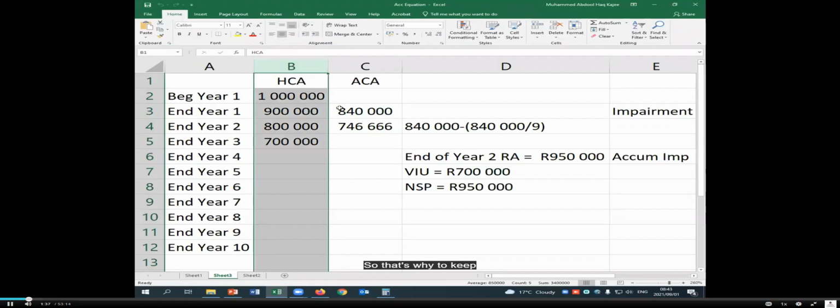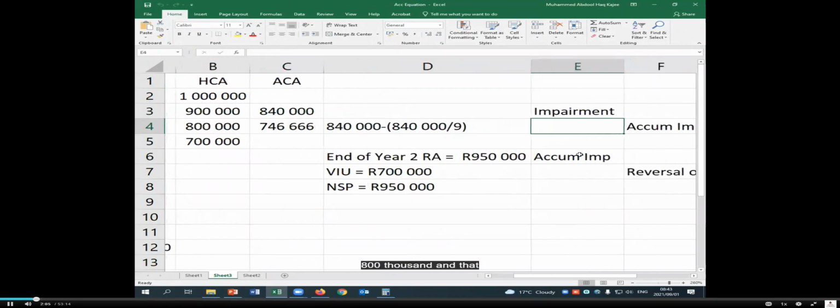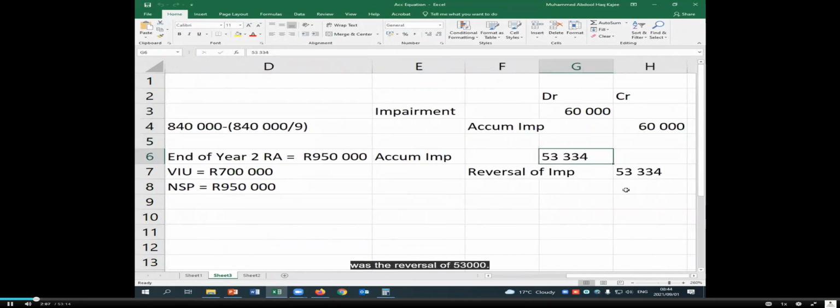So that's why to keep a record of your historical carrying amount, which is your asset at the beginning, and only accounting for depreciation as if nothing happened, is important. Right. So we could reverse the impairment, but only up until 800,000. We couldn't go all the way up to 950, so we went from 740,000 to 800,000, and that was the reversal of 53,000.